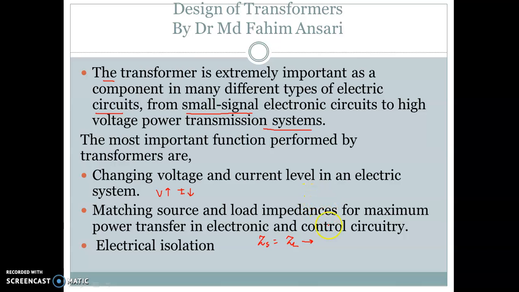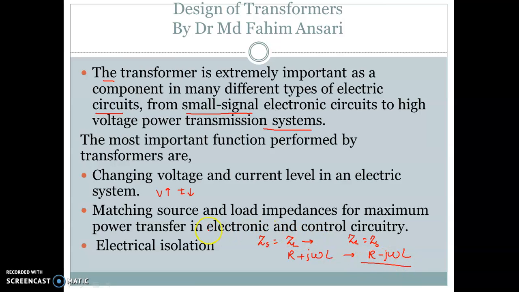For a resistive load, ZL equals ZS, load impedance equal to source impedance. If there is a combination, suppose the source impedance is R plus j omega L, then for maximum power transfer the load will be R minus j omega L.